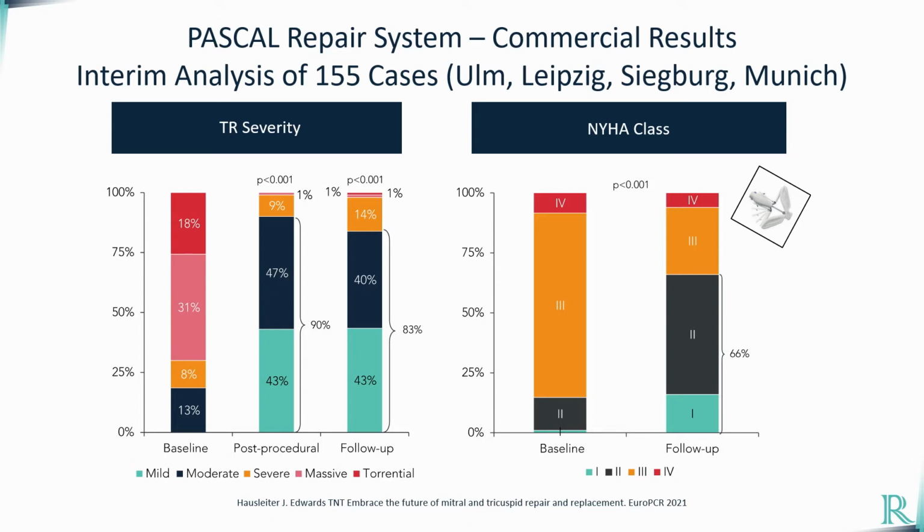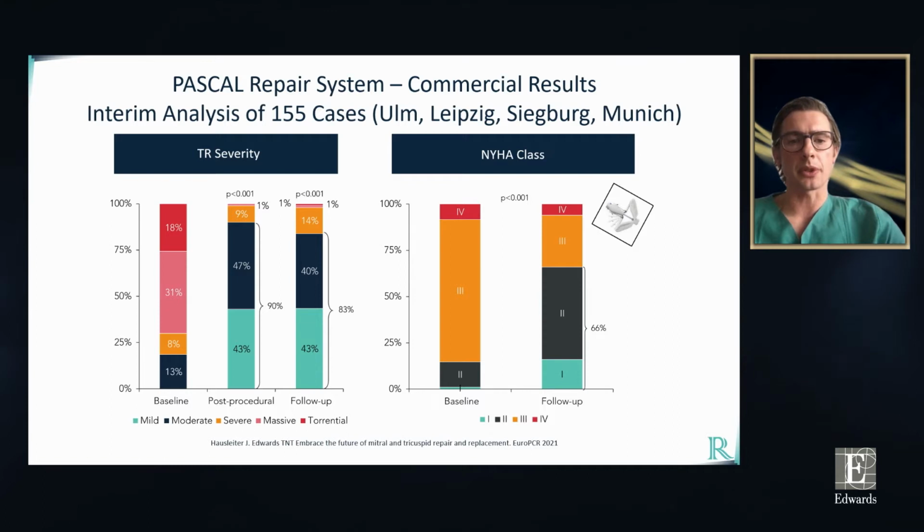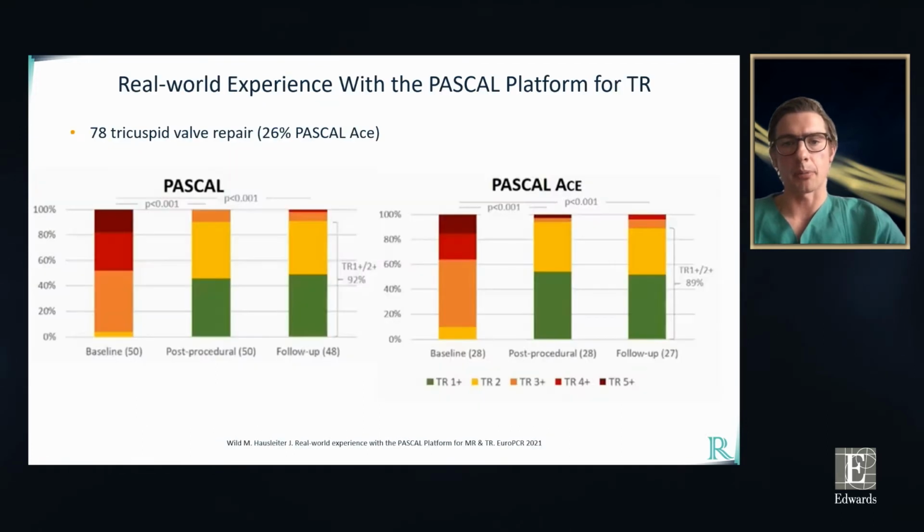Then we look at 155 cases, commercial results from 4 centers in Europe. And these study results nicely reproduced the CLASP TR trial: at follow-up, 83% with moderate or less TR, and again, a clear improvement in patient symptoms as illustrated by NYHA class.